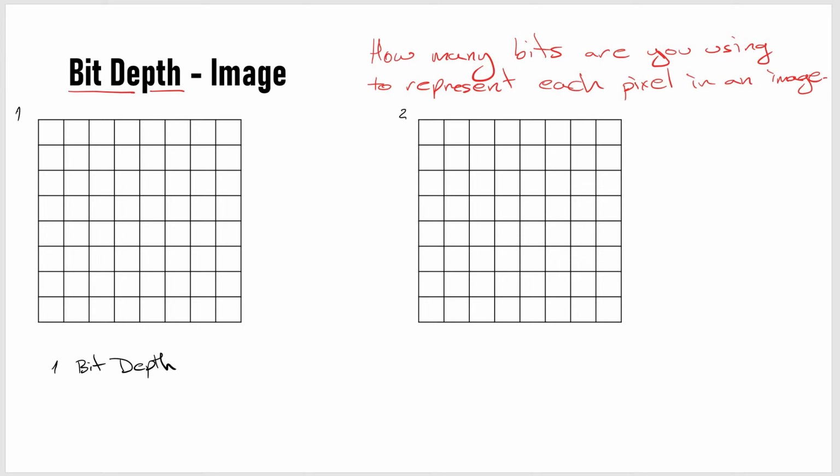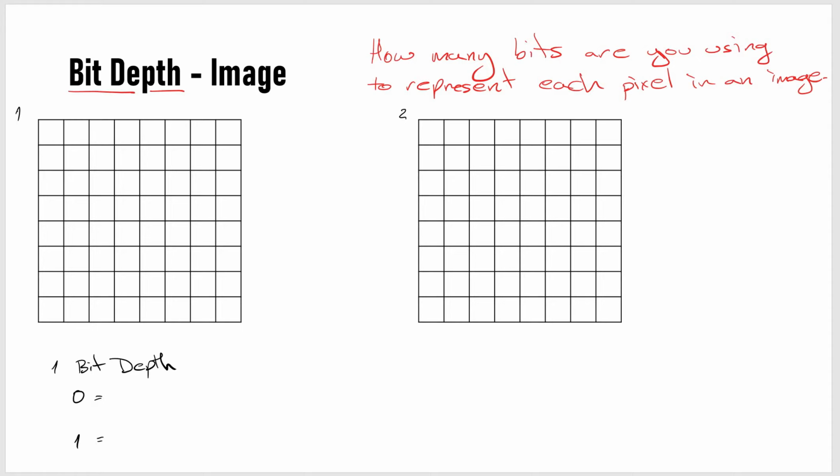So that means for each pixel we can only use 1 bit, and 1 bit can either be 0 or 1. So if we write 0 and 1 here, that means that we can only use 2 colors, because we can only map 2 colors to 2 binary patterns, right? If we're using 1 bit depth, we can only create 2 patterns, which is 0 and 1.